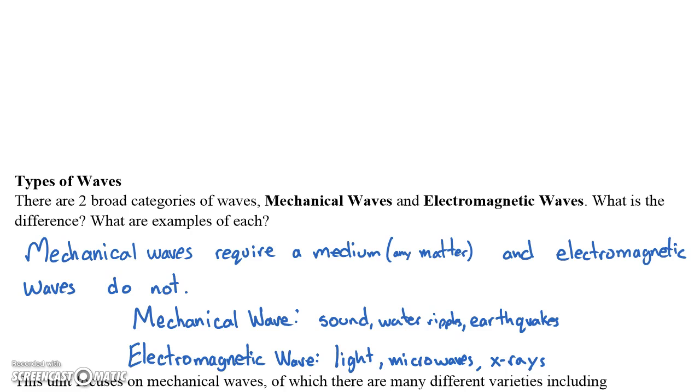Versus electromagnetic waves, which do not need that medium, they can just travel through space regardless of the particles that are around them. And examples of those would be anything in the electromagnetic spectrum, which include visible light, microwaves, radio waves, X-rays, gamma rays, infrared, ultraviolet.